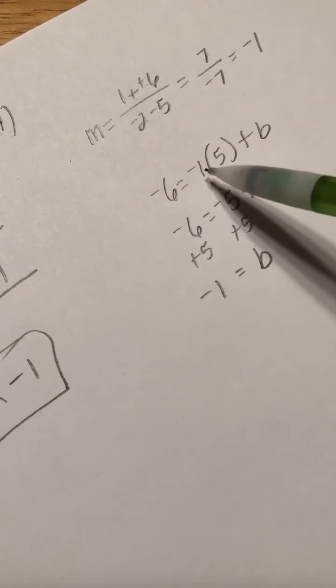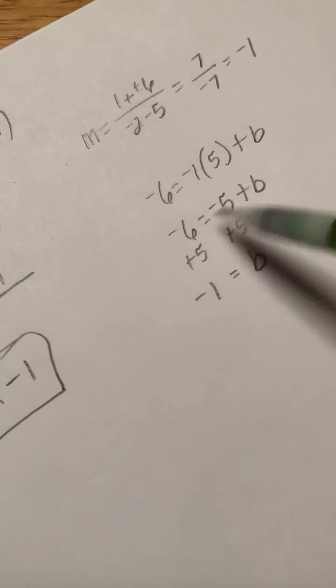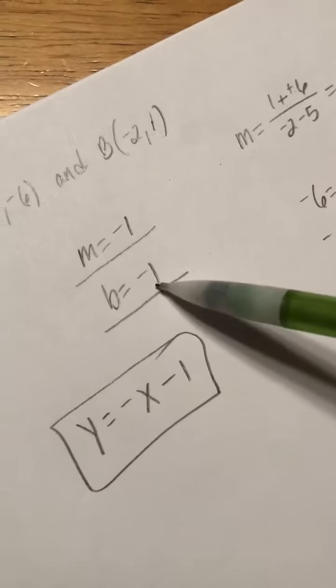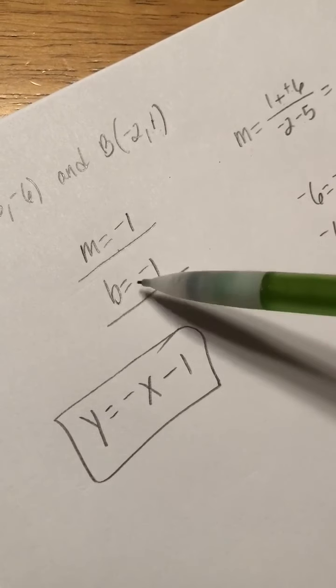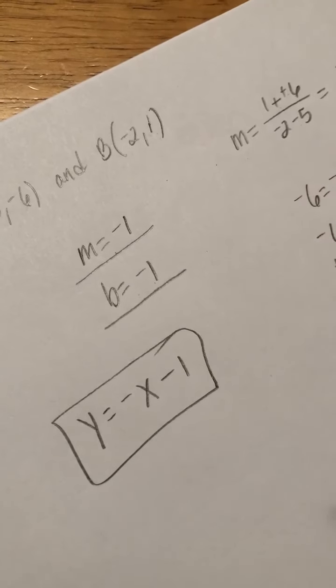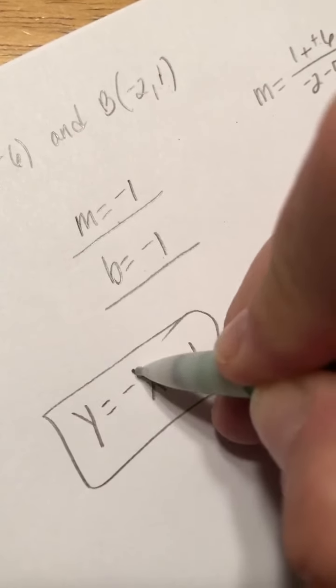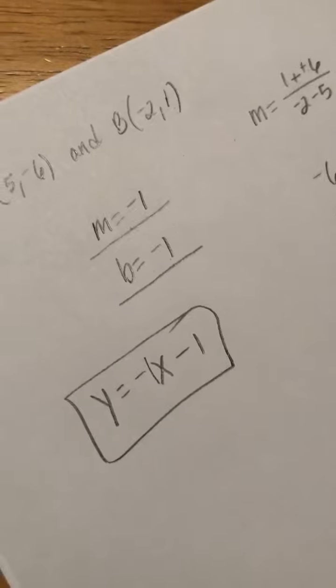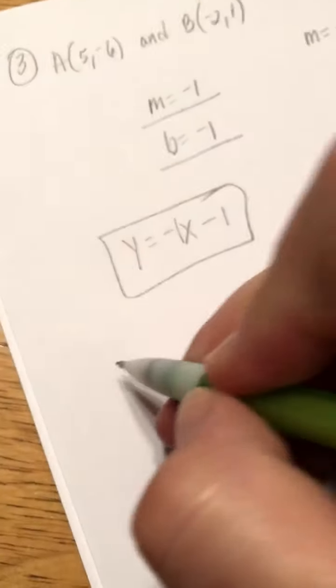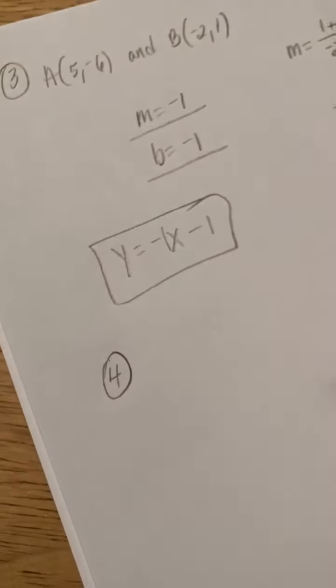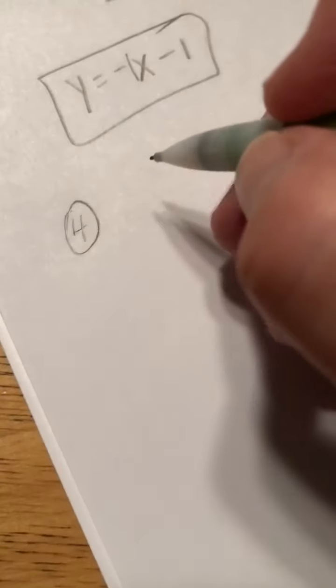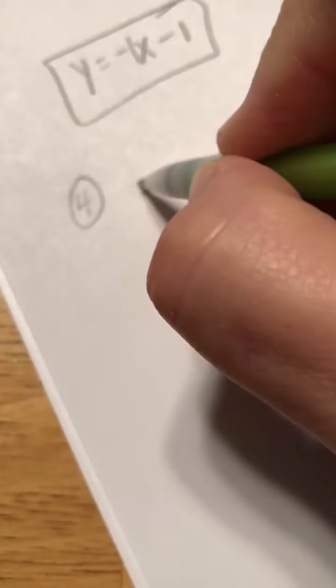I tend to always revert back to my first ordered pair unless the second one has a 0, but it's up to you. You could have used either ordered pair. I plugged y in for y, m in for m, x in for x, solved for b, filled in that blank. Once I have both blanks filled in, I can write out my equation and I'm done. And again, some of you are going to ask, can I put that 1 there? Absolutely. If that works for you, then that is good. All right. How about number 4? I'm going to write number 4 out. You're going to press pause and see if you can do it all on your own.